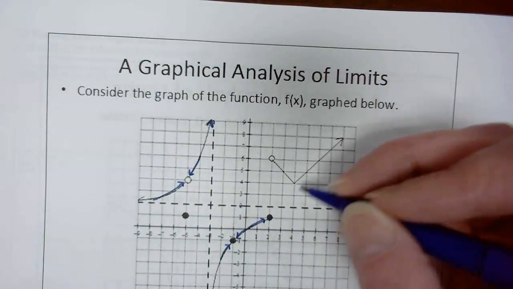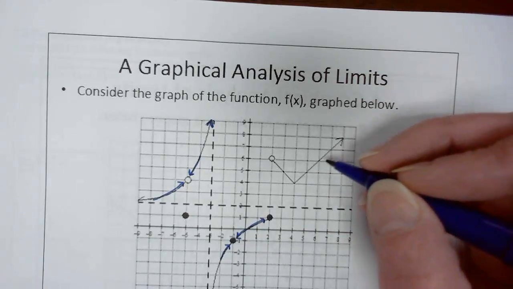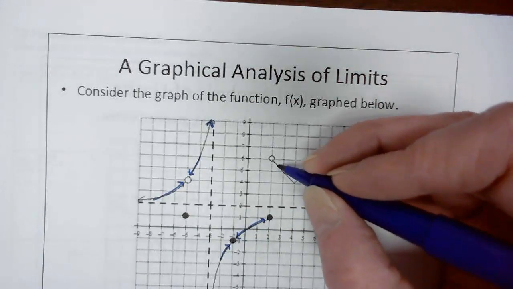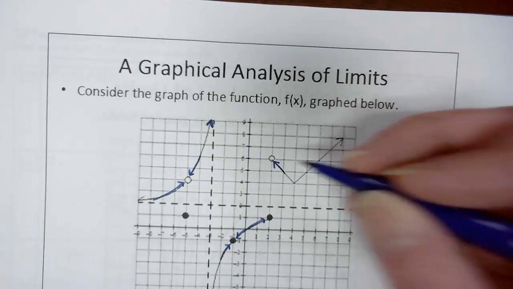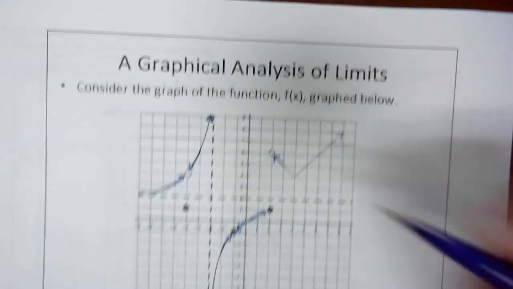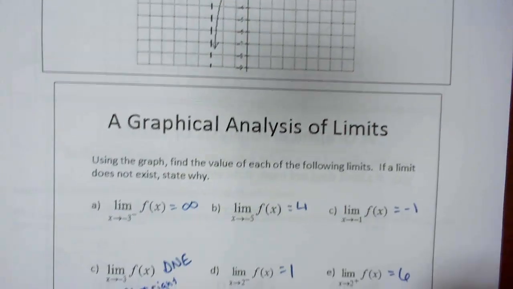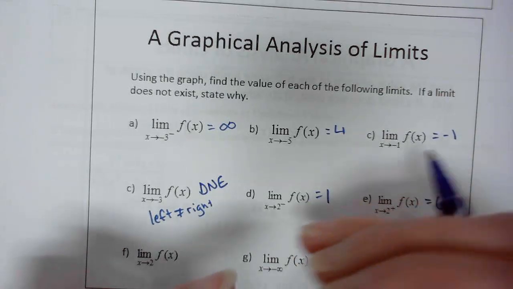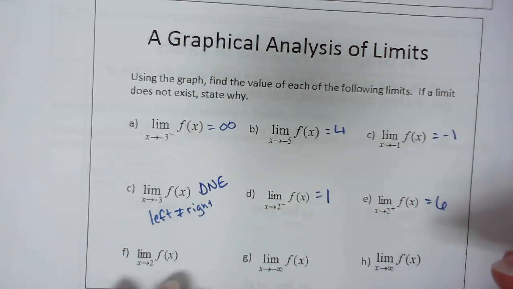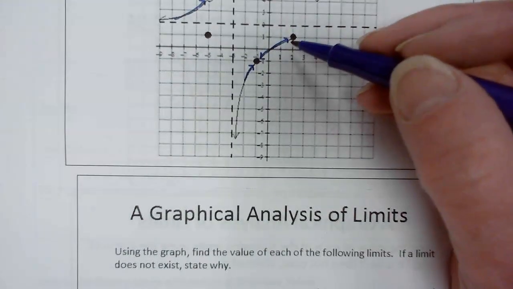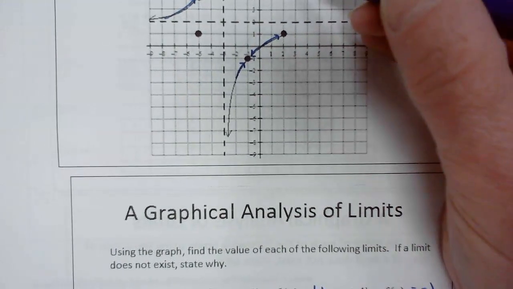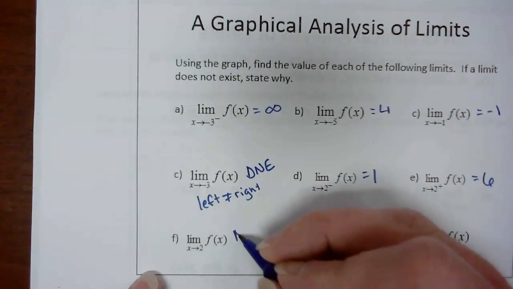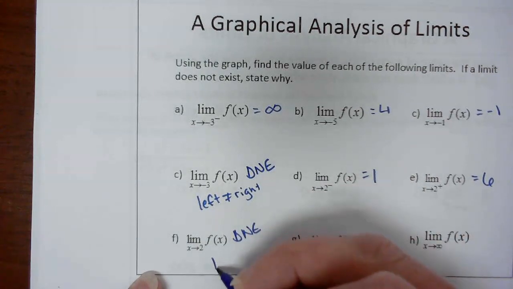So here's 2, but if I'm coming from the right side of the graph, I'm actually approaching this point, which would be 6. So what about the limit at 2? Well, if I'm not given a direction, then the left side and the right side have to match. The left side was 1, and the right side went to 6. They don't match, so this limit does not exist.